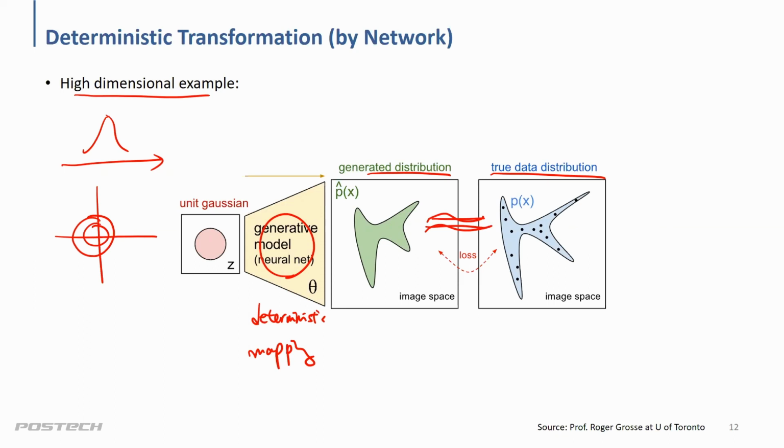Once we confirm that these two distributions are pretty much the same, then once we're done, I can just take random samples and do the forward propagation. Now this will be the generated values in the original space, like what we did in the autoencoder.